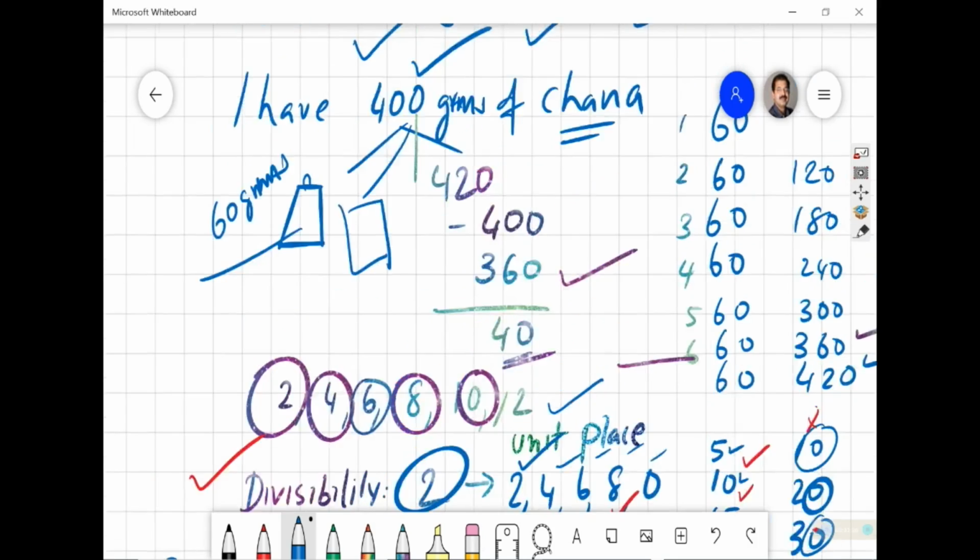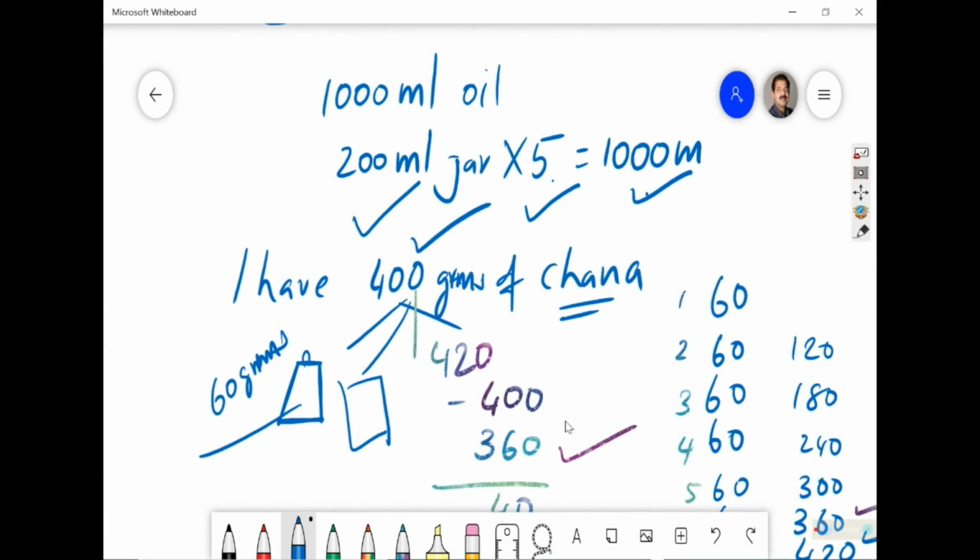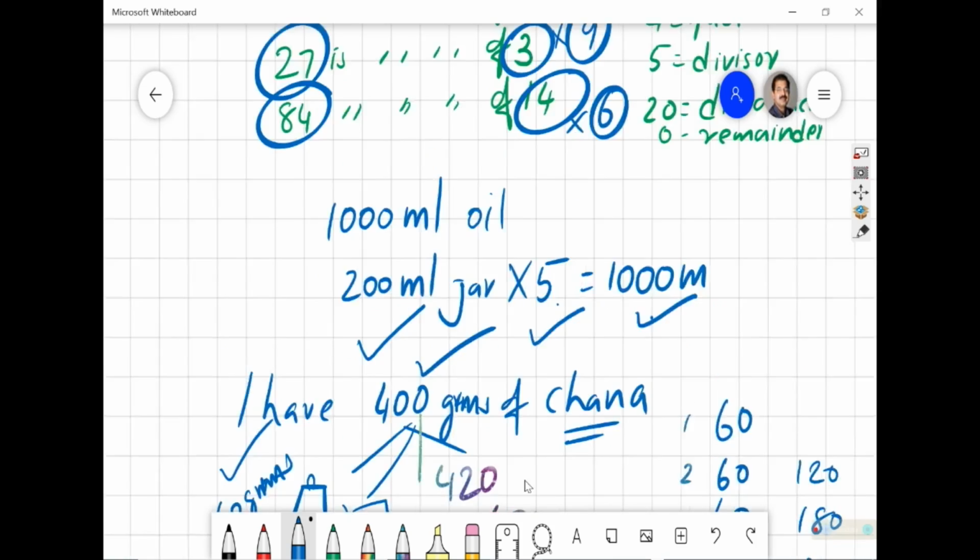This also you understood, and you also learned about numbers which are divisible and which are the multiples and which are the factors. For example, we found that 400 is not a multiple of 60 because 6 6s are 36, 360 it is okay, but 400 is not a multiple of 60. Okay, that was about understanding of multiple.